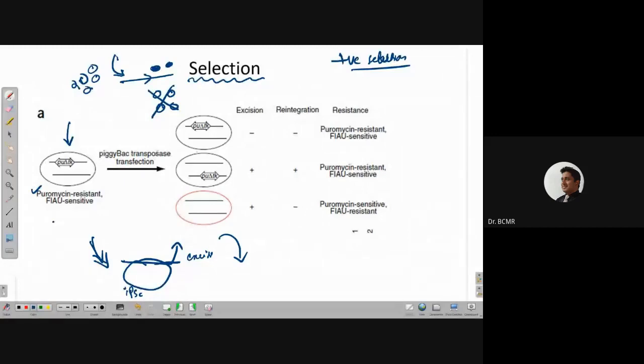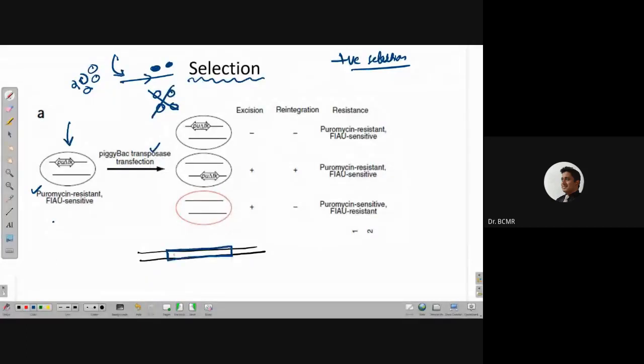So we will have transposase transfection. That means we now want the transposon to get excised from the DNA. Let me put it here. Assume that this is the DNA, and we have a transposon integrated.